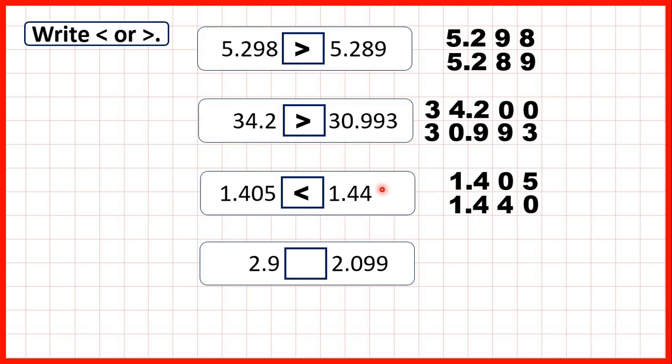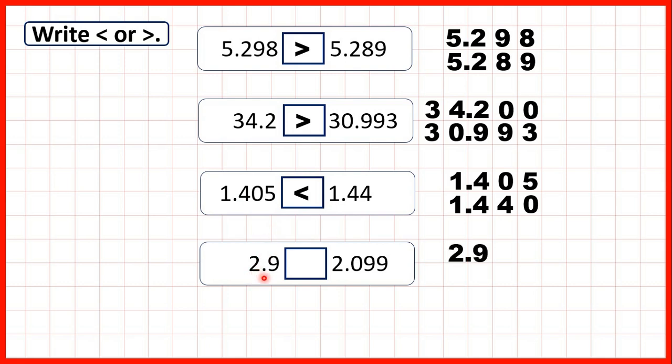And if you put zeros on the end of decimals, so that you're comparing decimals with the same number of decimal places, it's much easier to see which is larger. Because we know that 1440 is larger than 1405, we know that 1.44 must be larger than 1.405.